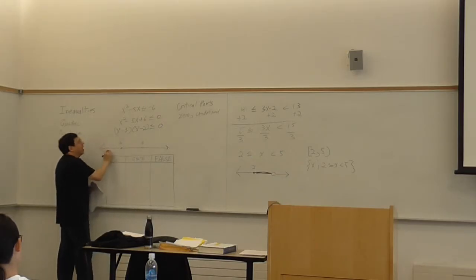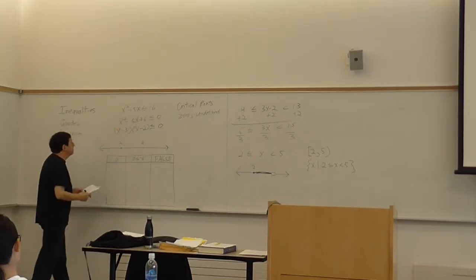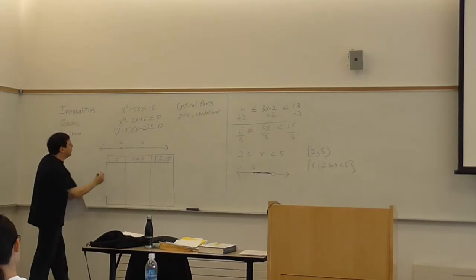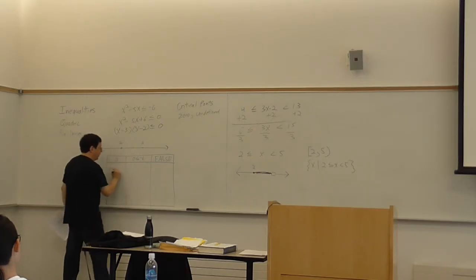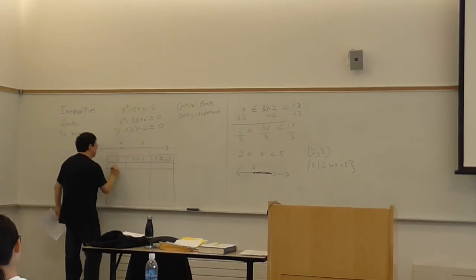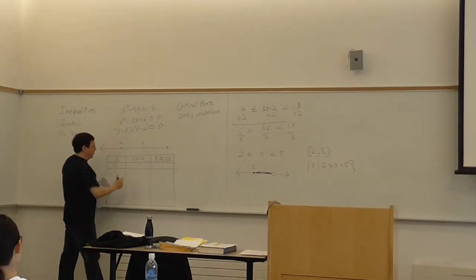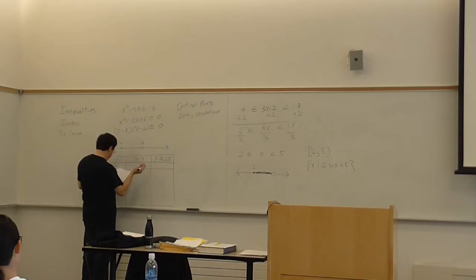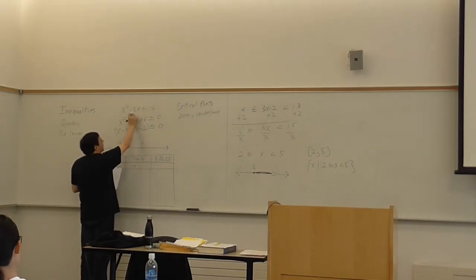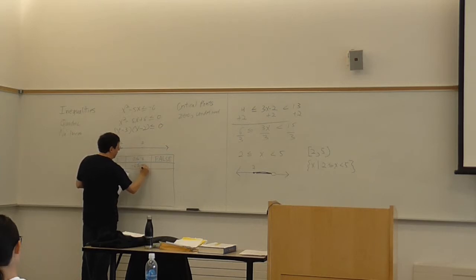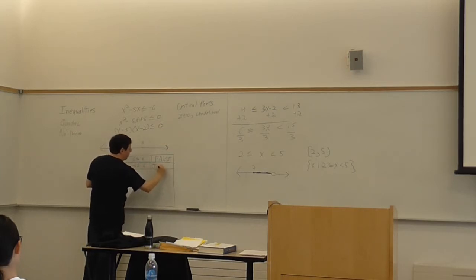So stuff down here is not a solution. The next thing I'm going to do is try the point 2. I know 2 is going to make this side 0. So if I go back to the original inequality, I'm going to just get -6 is less than or equal to -6. So that's true.